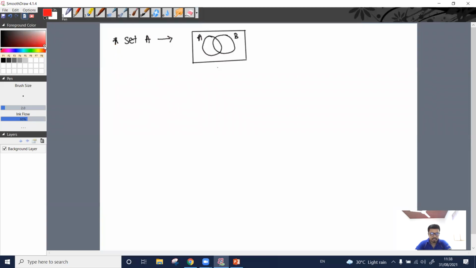If I were asked to color set A and I color only this part, is that right? Is this area belonging to set A? No, right? We need to consider all the area, the whole circle. This is set A. Then likewise, what about set B? Set B.